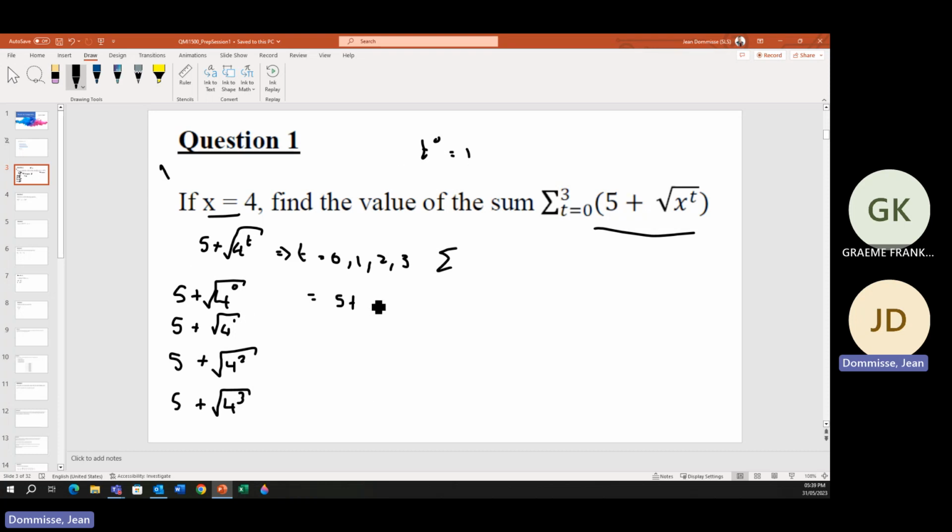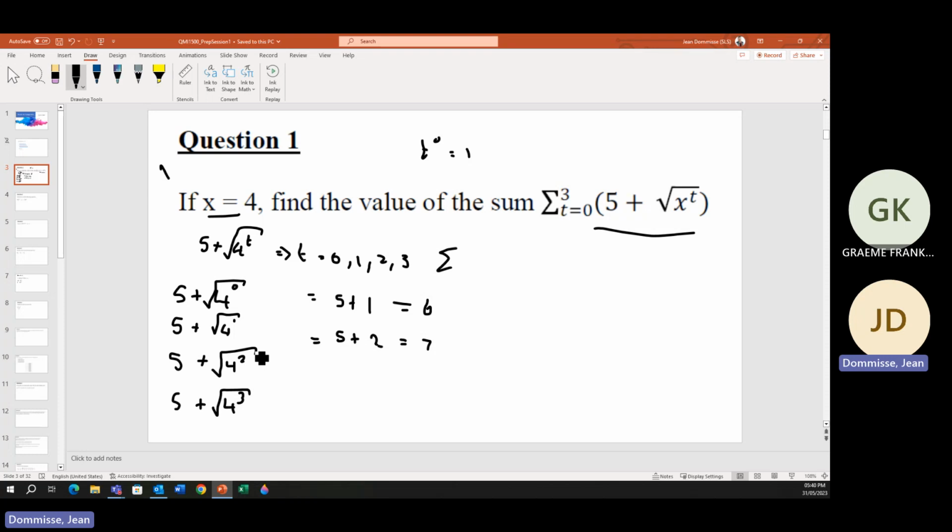So that first one will be 5 plus 1, which would be 6. Then 4 to the power of 1 stays 4. If we then take the square root of 4, it will be 2.